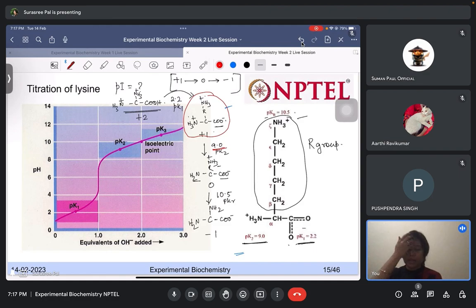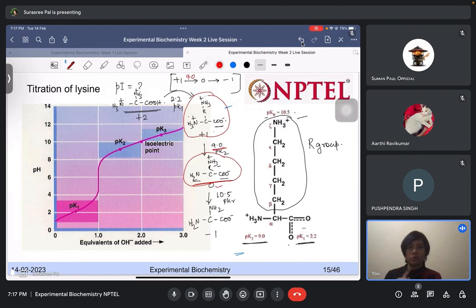The pK2 value is 9, which allows it to change from +1 to 0. When the pH increases greater than 9, this amino group loses its proton, and now this molecule has 0 charge. So the first pKa is 9.